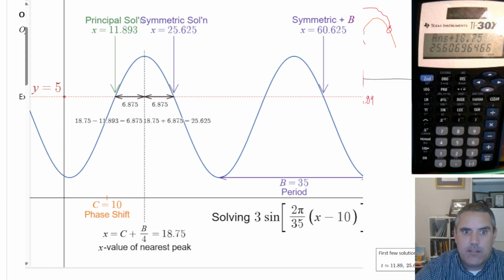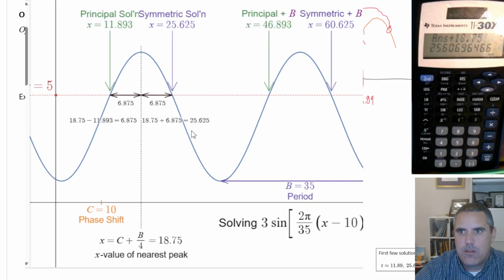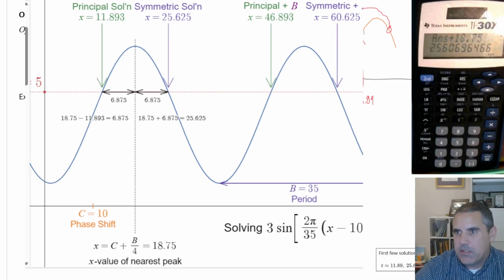We can add to get those other ones. We can find this solution. And we can keep going. So we can get as many as we want. Okay, I hope that sort of helps. Since that example took a little bit, I'll do a separate video with another example, but I hope that gives you the idea in one place.